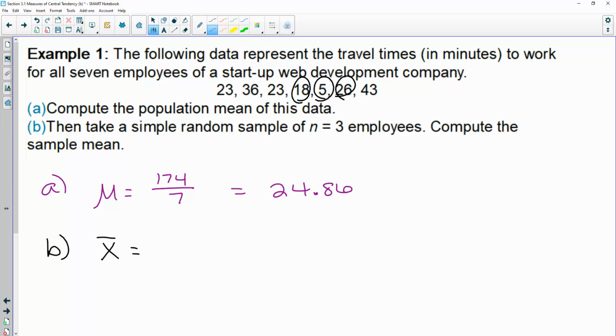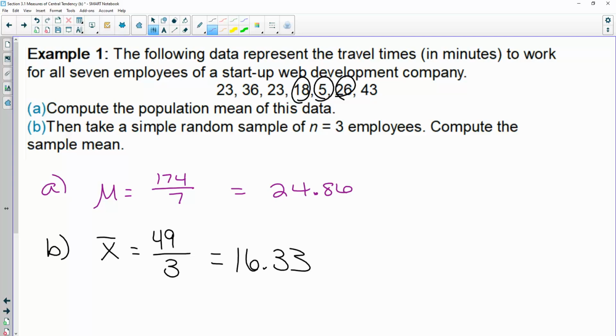So if we add those up, 18, 5, and 26, what do we get? 49. This time we would divide by 3. 16.3. Okay. If you pick a different sample, will you get the same thing? No, you get a different one. Alright.